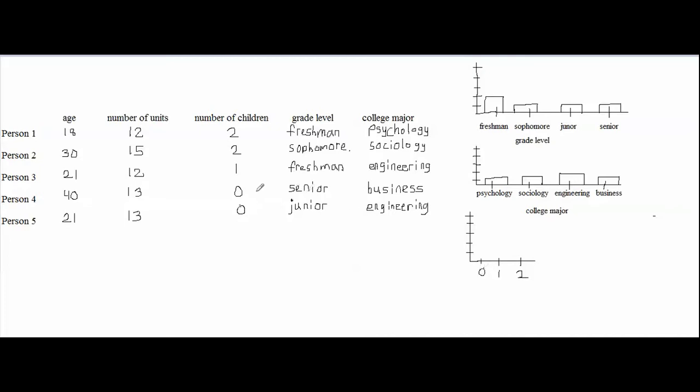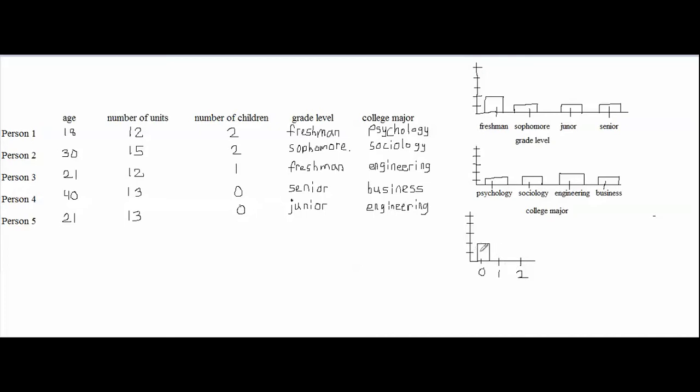So 0 has a frequency of 2 because 0 appears twice in this column. So this bar will go up to 2. And what about 1? Well, 1 appears once in this column, so it has a frequency of 1. So this little bar will go up to the first tick mark.